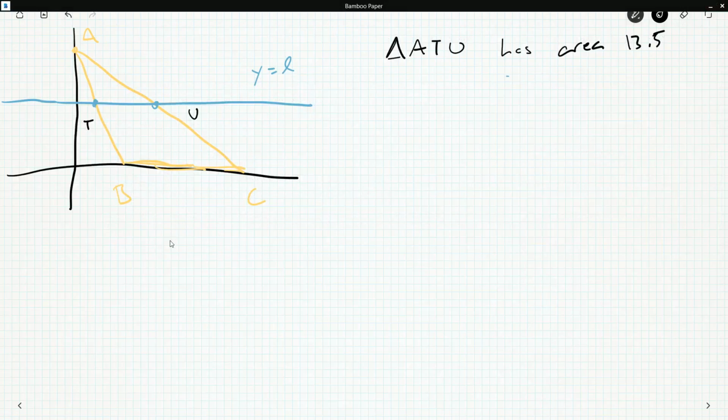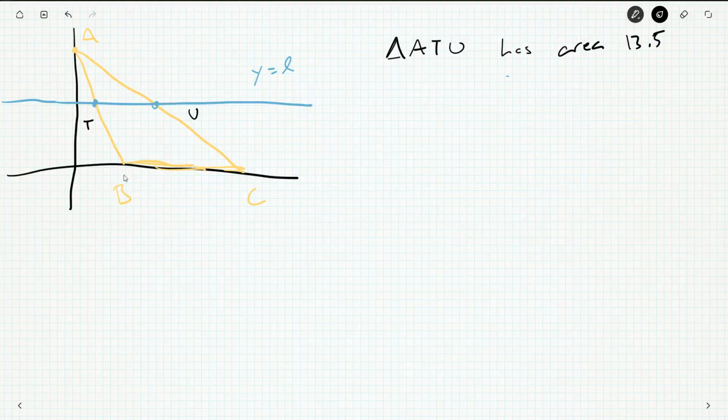Alright. So, I think there's probably two ways to do this. One way, we're going to figure out what T is in terms of L and what U is in terms of L, and I mean their coordinates there. And then we can get the base of ATU, which is just TU, the difference in their x coordinates.